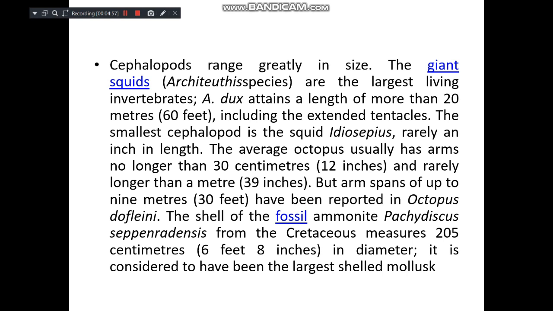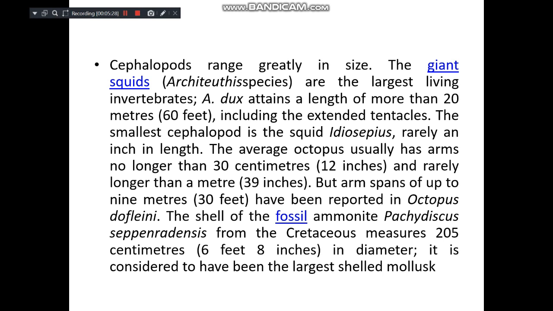The giant squids also come under this class Cephalopoda. Architeuthis is a species which attains a length of more than 20 meters. Even the length is more than 60 feet, including their expanded tentacles.